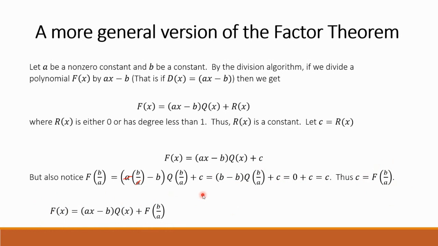Before we handled the case when you divided by x minus something, here I'm handling it now when you divide by a times x minus something, ax minus b. Okay, well, of course, this isn't the factor theorem. If anything, this is a remainder theorem. We can use this, though.